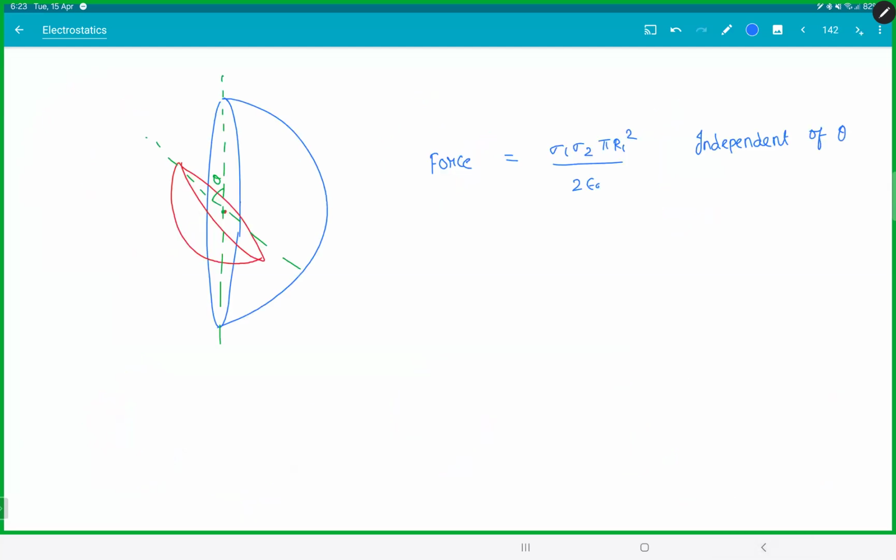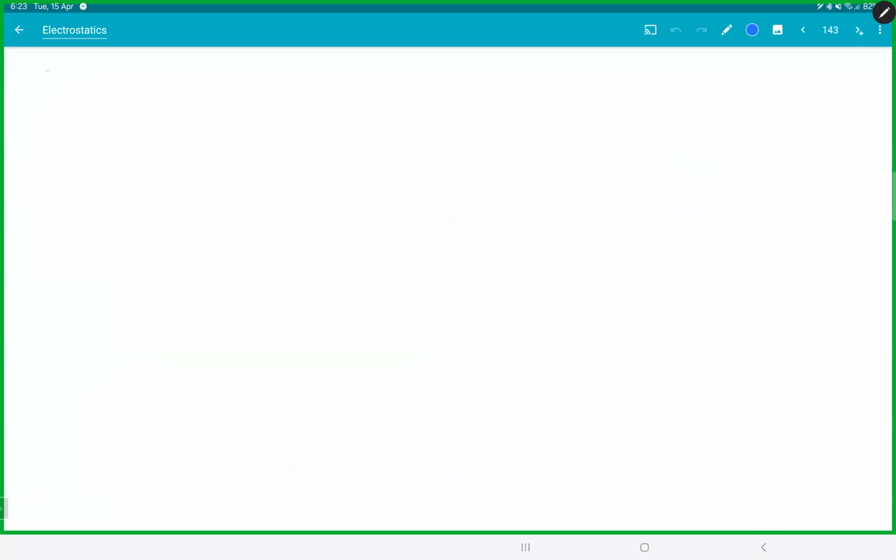Next one. Then we have something called self-energy. So what is self-energy? Again, it is same as potential energy. Technically speaking, there is no difference. Meaning, think about this thing.